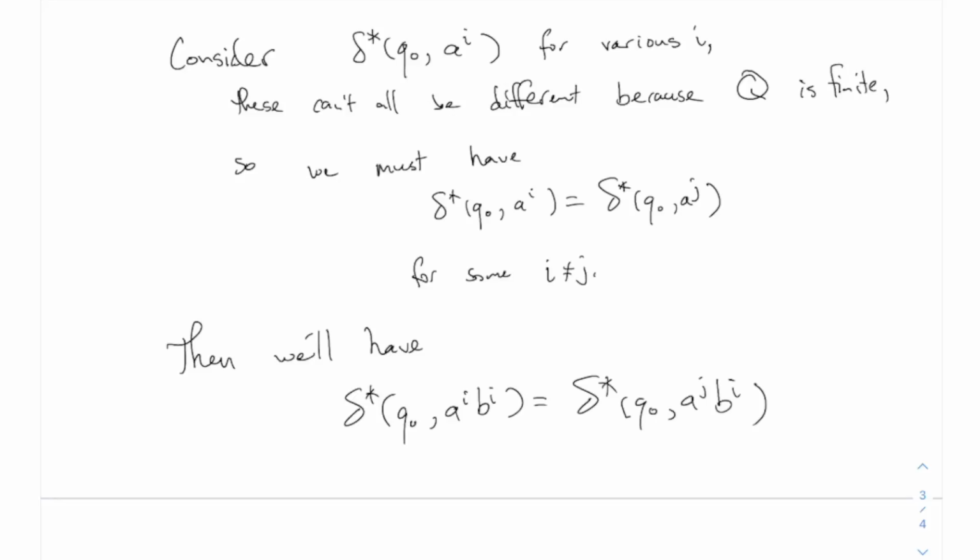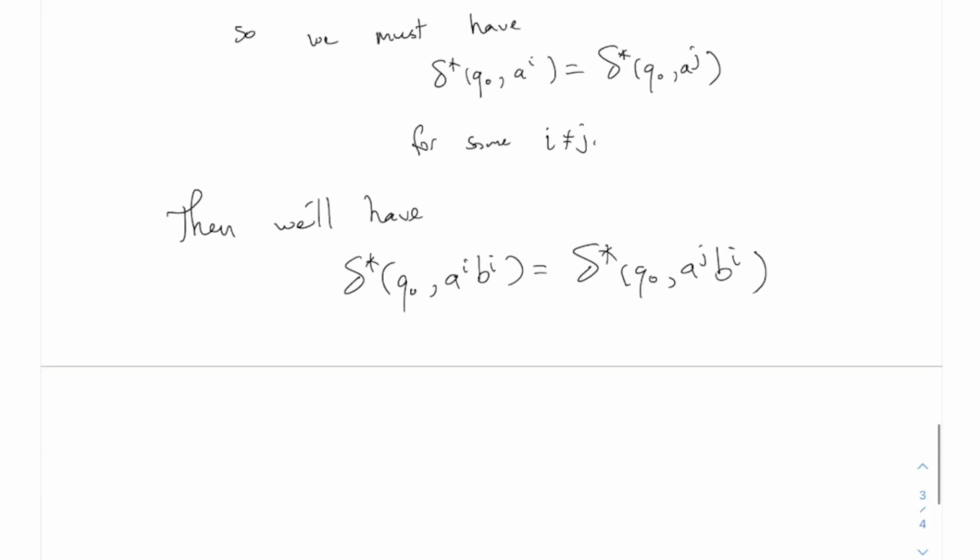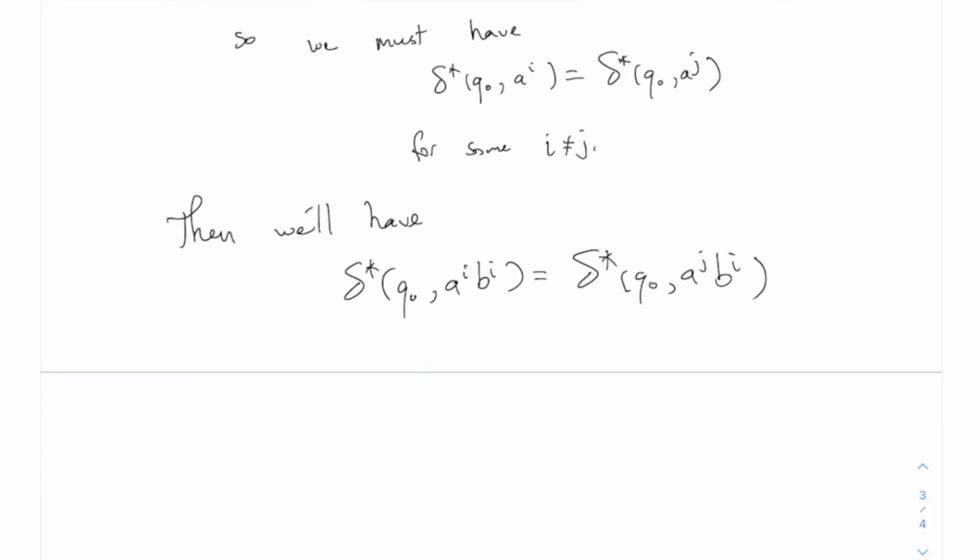And actually, this is a contradiction because the one on the left, this is in L, all right? Sorry, I mean the string right there. A to the I, B to the I is in L, because L, remember, was the language of all A to the N, B to the N, where it has the same exponent, right?